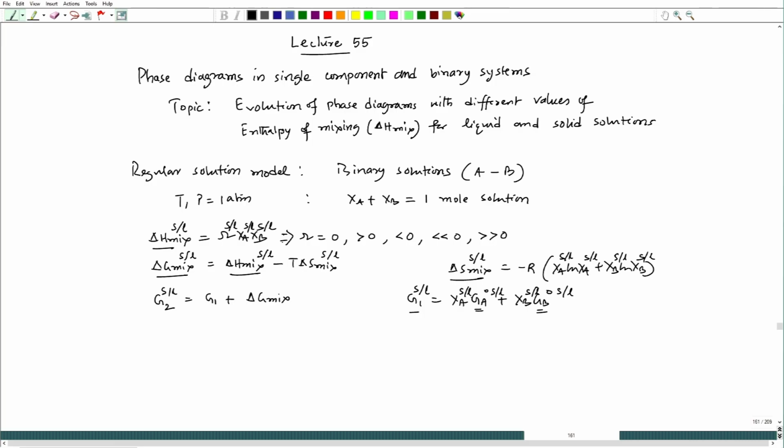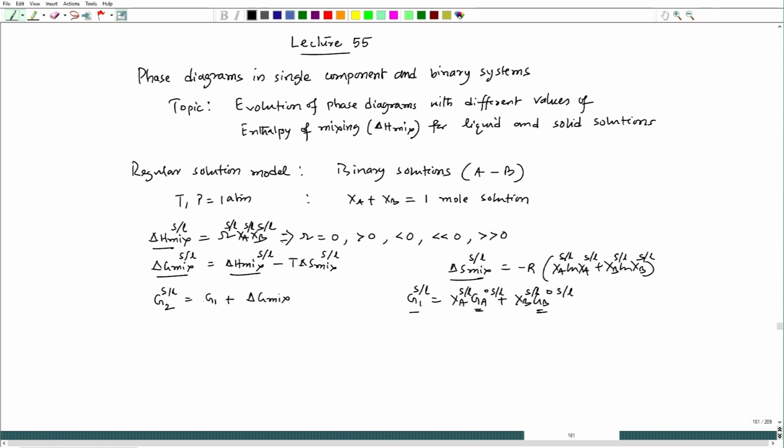And that time we have seen the relative positions of these two values, which give free energy for pure A and pure B under standard conditions, which is pressure 1 atmosphere, and we can take the reference value to be 0 as we have done previously, and that 0 value can change depending on the relative stability of A and B at that particular temperature, whether the solid is stable or liquid is stable. So, that way we can also change the position of those pure metal free energies, solid and liquid, for both A and B.